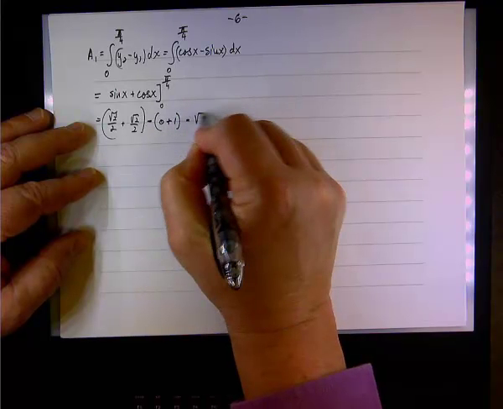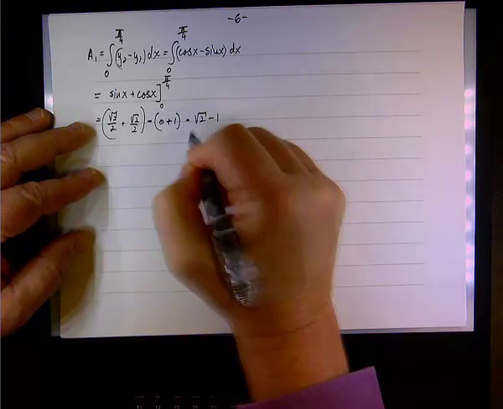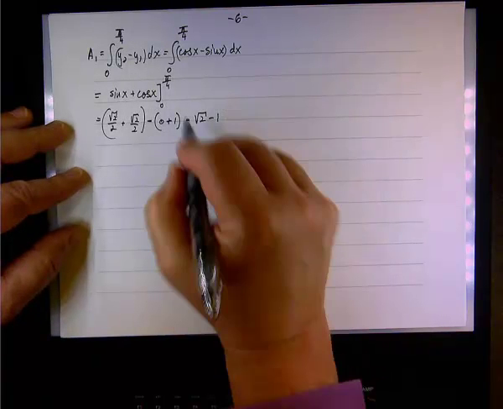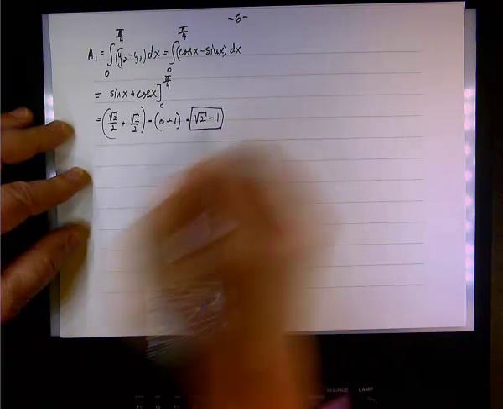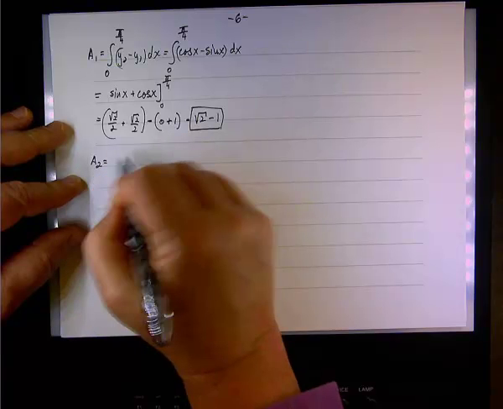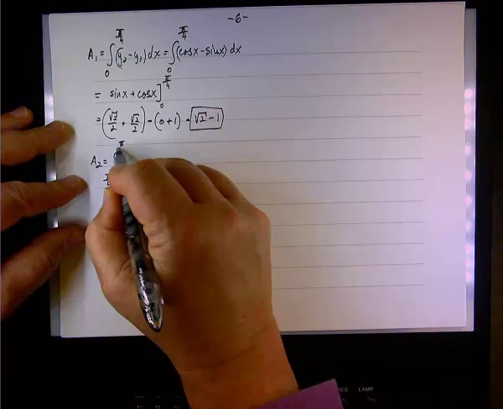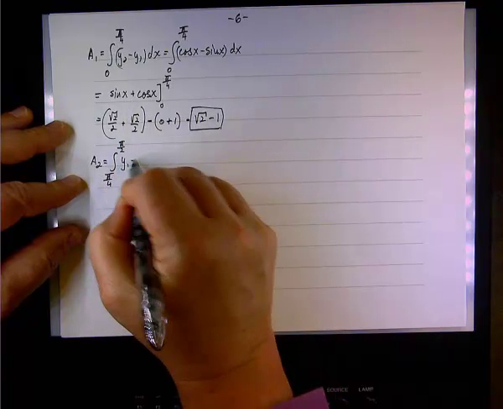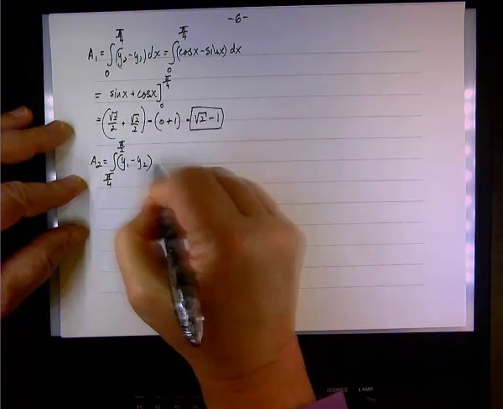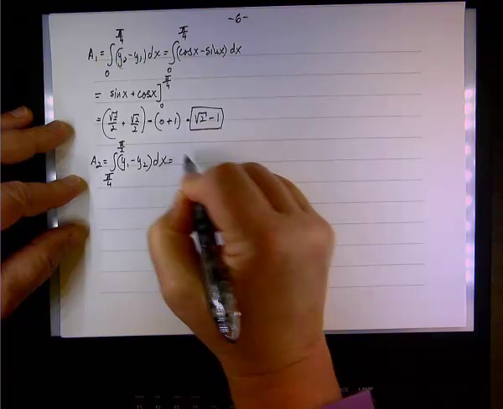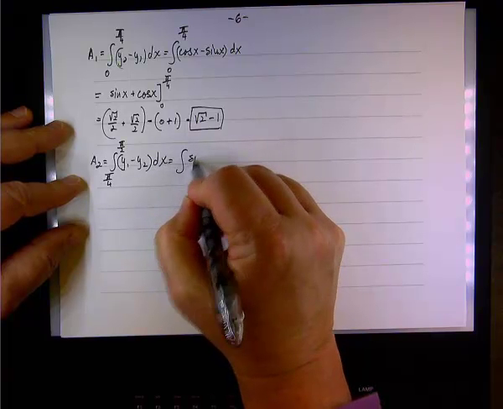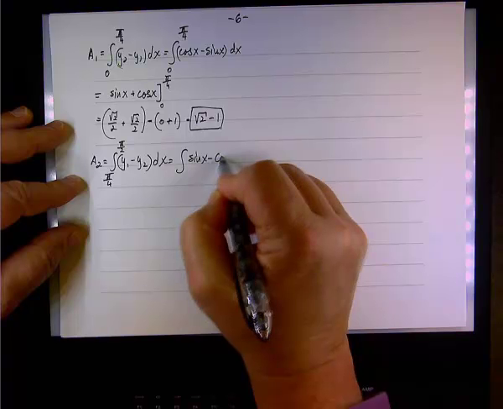So we have square root of 2 minus 1. So this is A1. A2, the integral from pi over 4 to pi over 2, and now y1 is above y2. So we have the sine first and the cosine next.